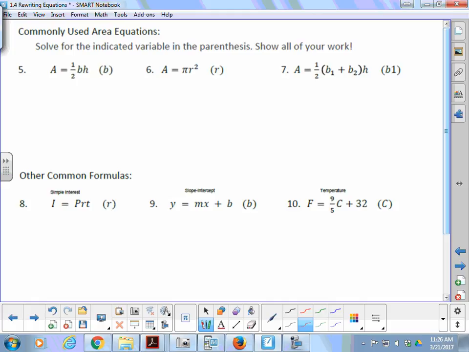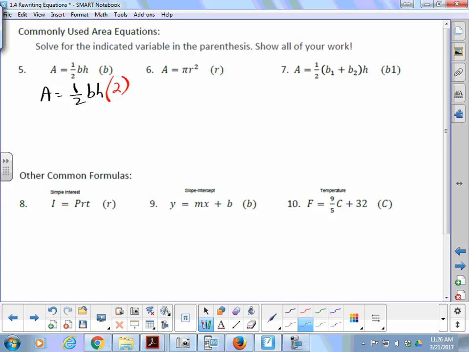All right, so we're solving for b here. First of all, A equals 1/2 bh, so this is the area of a triangle. The first thing I want to do if I'm solving for b, I need to get rid of the 1/2 and the h. So I'm going to multiply both sides by 1/2, first of all, to get rid of that 1/2.